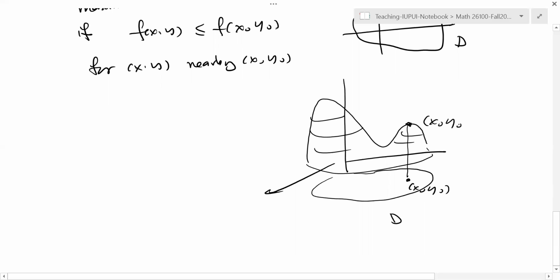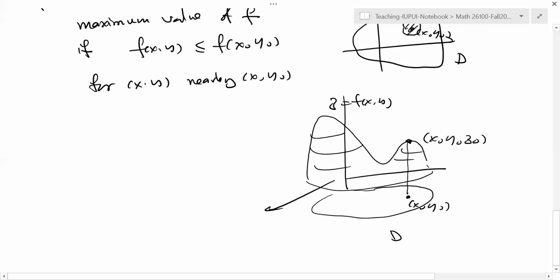So this is a graph, z equals f(x, y), and the function has a local maximum value, z0, which is given by the value of the function.